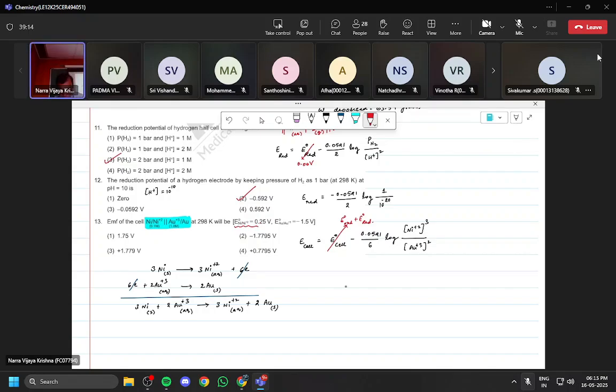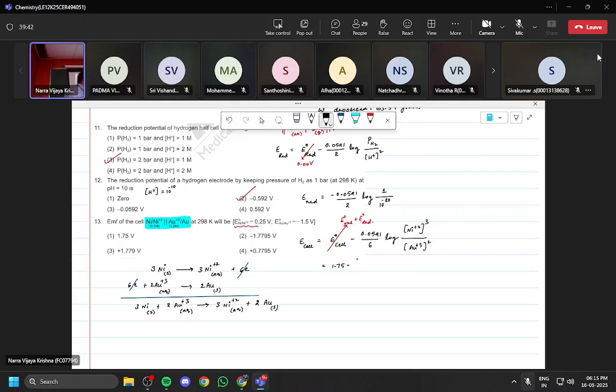So can I write like this? So 0.25 plus, which is undergoing reduction. Gold is undergoing reduction. But what they gave? So reduction means what I have to take? Plus. So plus 1.5. So totally 1.75. So this will be 1.75 minus.